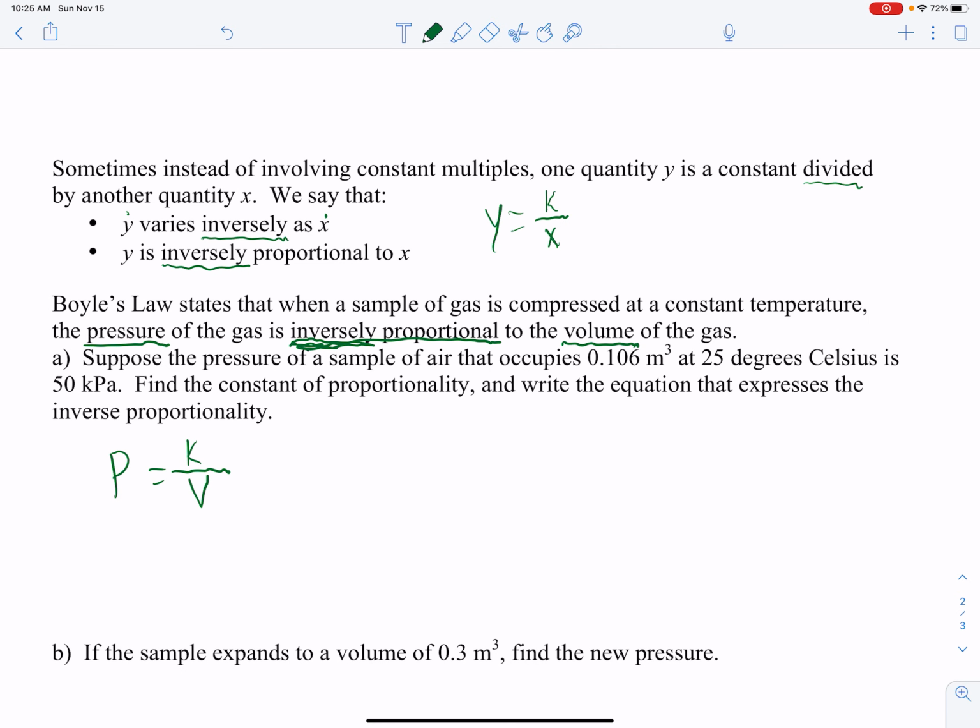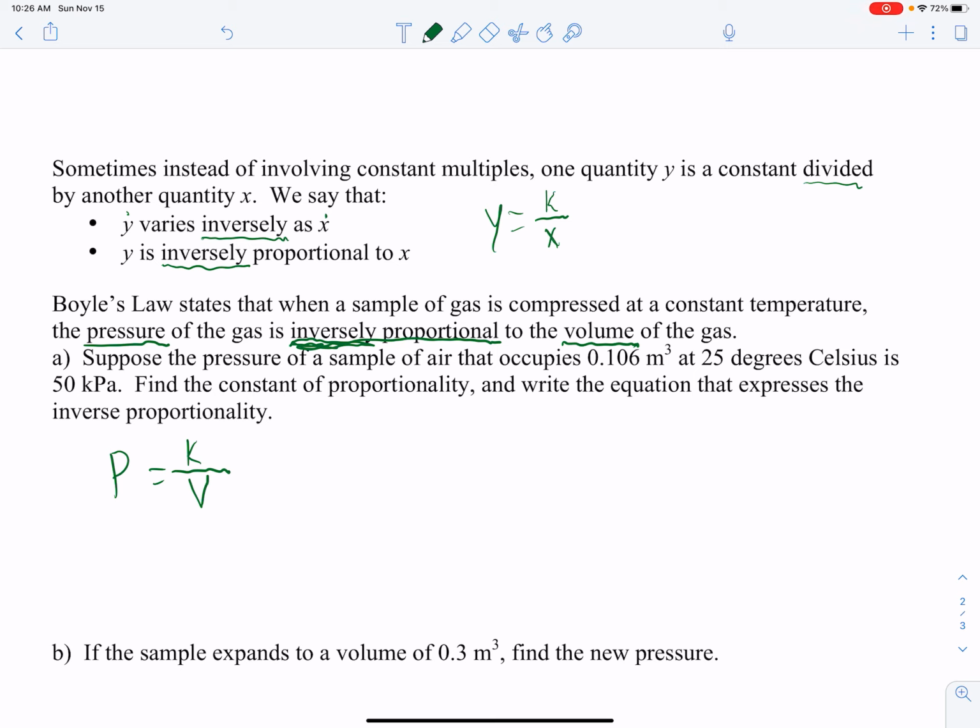All right. So here it says, suppose the pressure of a sample of air that occupies 0.106 cubic meters at 25 degrees Celsius is 50 kPa. The kPa stands for kilopascals, but that's not really crucial to know for this problem. Find the constant of proportionality and write the equation.